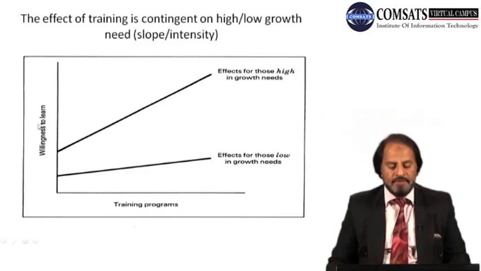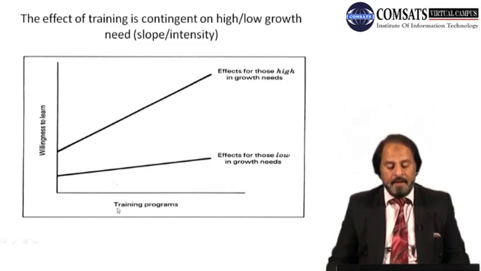Okay, so getting the point here, we have the independent variable, training programs, and the dependent variable, willingness to learn. We're trying to look at the relationship between these two from two different angles: high growth needs and low growth needs. Our theory suggests that for people with low growth needs, the training program's effect on willingness will not be as good as one might think.